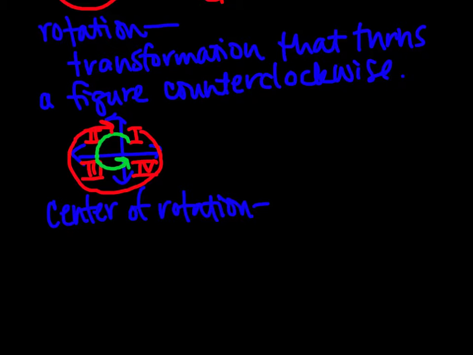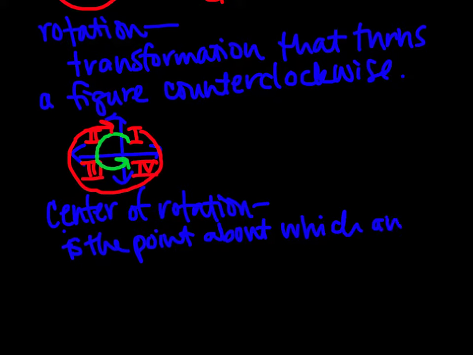A center of rotation is the point about which an image turns. So if we had the letter T and we needed to rotate around a certain point 180 degrees, we could rotate it. Actually, I should make my T on the other side so it's easier to rotate.